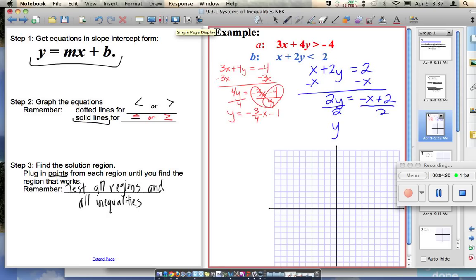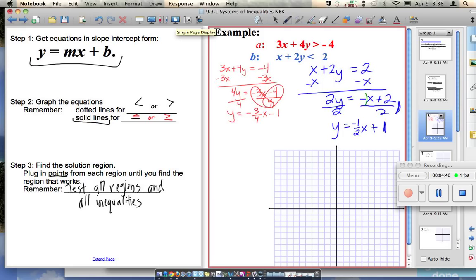So let's see, y equals 2 divided by 2, that's easy. That's going to be 1 plus negative x divided by 2, remember that really means negative 1x over 2. So it's going to be negative 1 half x. A little tricky there, but we got to work on those challenging fractions so that we can be better at this stuff. So I have my 2 equations in y equals mx plus b form.